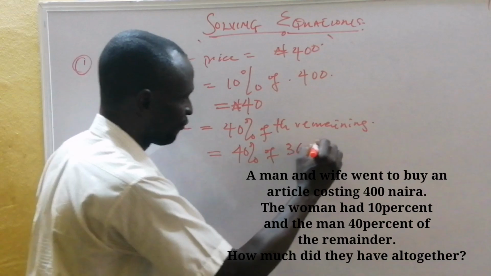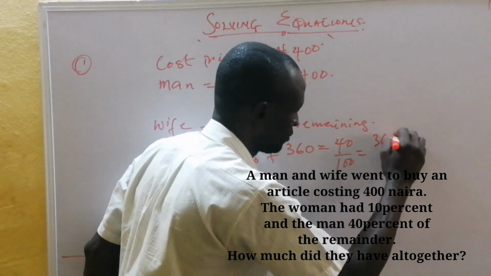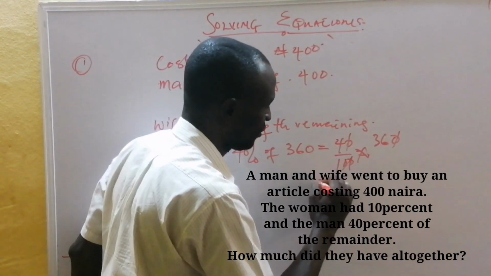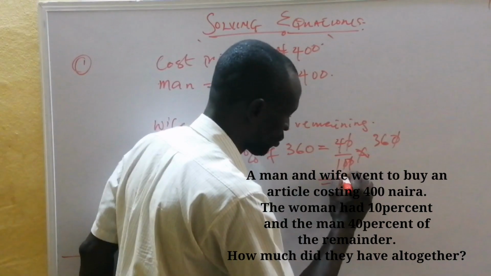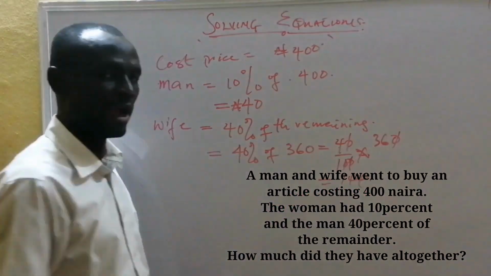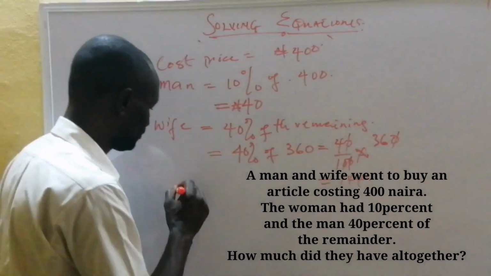That is 40% of 360. 0 here is a 0, 0 here is a 0. You have 4 times 36. 4 times 36 should be 144. That means the wife paid 144. How much did they pay altogether?